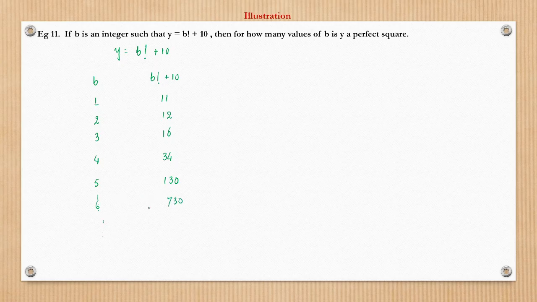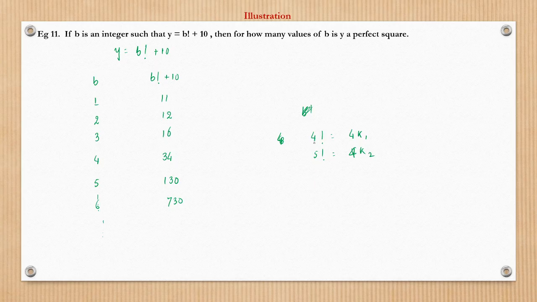Now from 4 factorial onwards, suppose b is greater than or equal to 4, all these numbers can be written as a multiple of 4, say 4k1. 5 factorial can also be written as 4k1, because 5 factorial also has a multiple of 4.